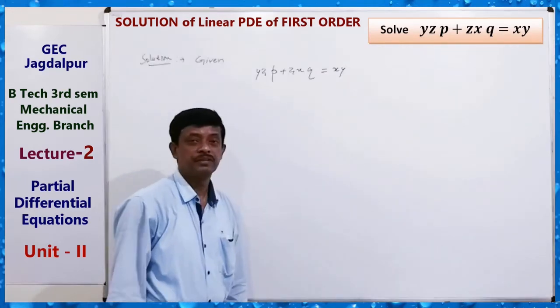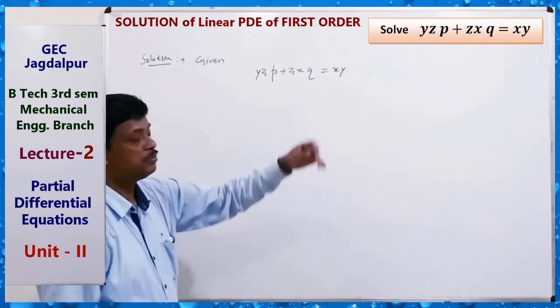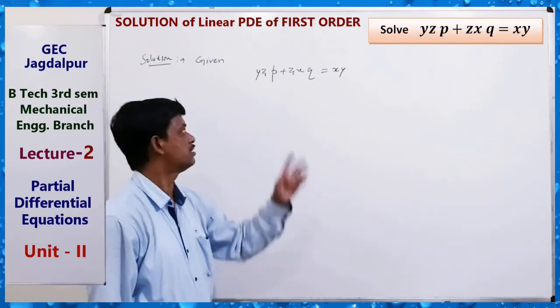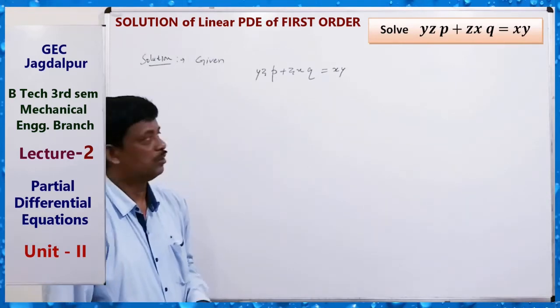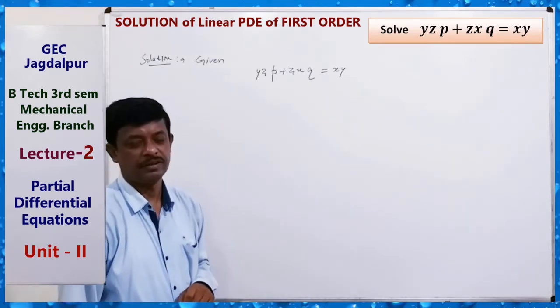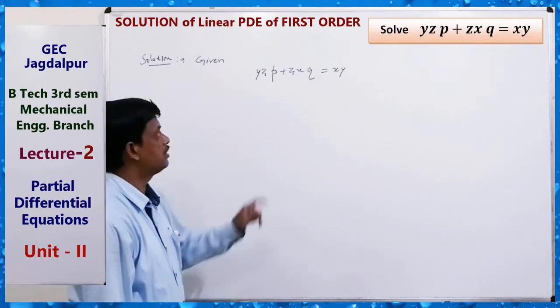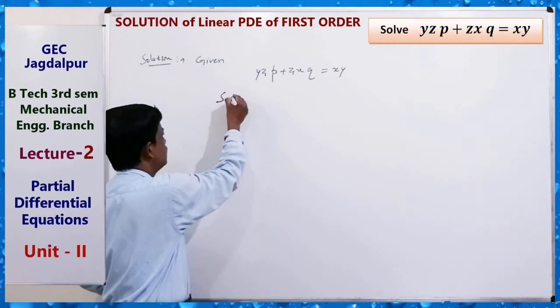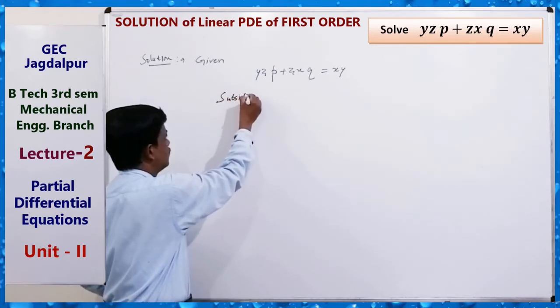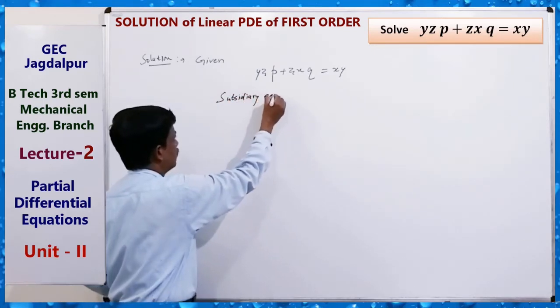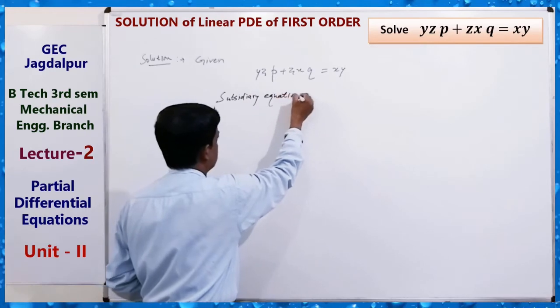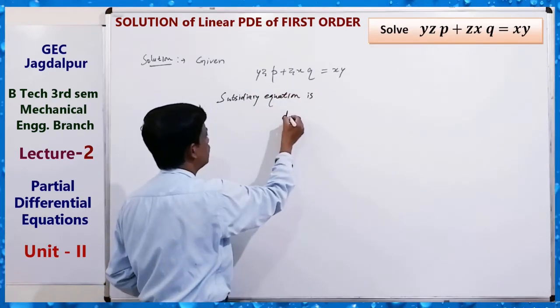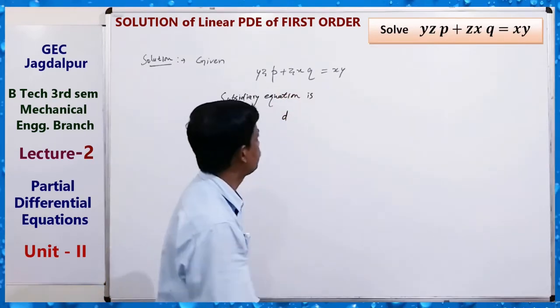This is a linear partial differential equation, Lagrange linear equation type. We have to solve it. So our target is what? First, write the subsidiary equation.